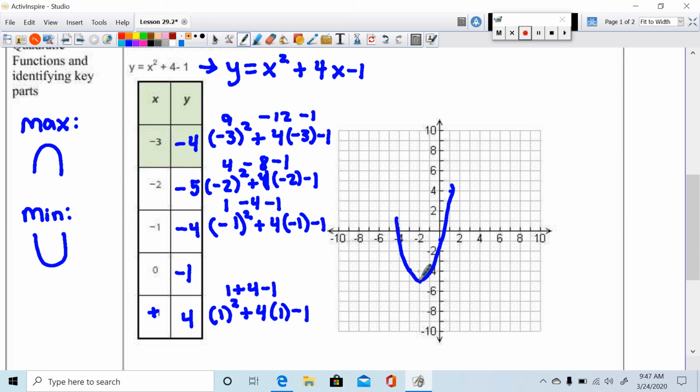So this has a minimum value at the vertex, negative 2, negative 5. That's the turning point, the minimum value, the vertex. It's known as all of that.